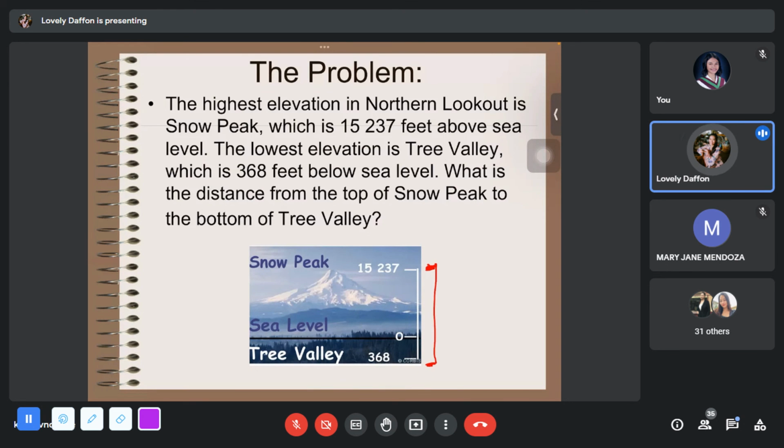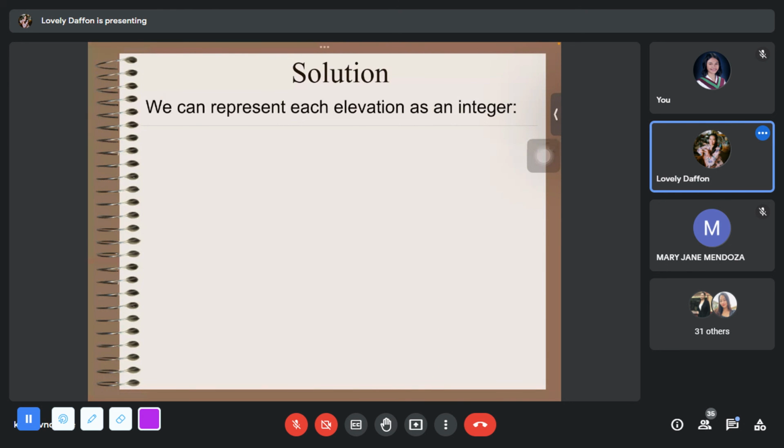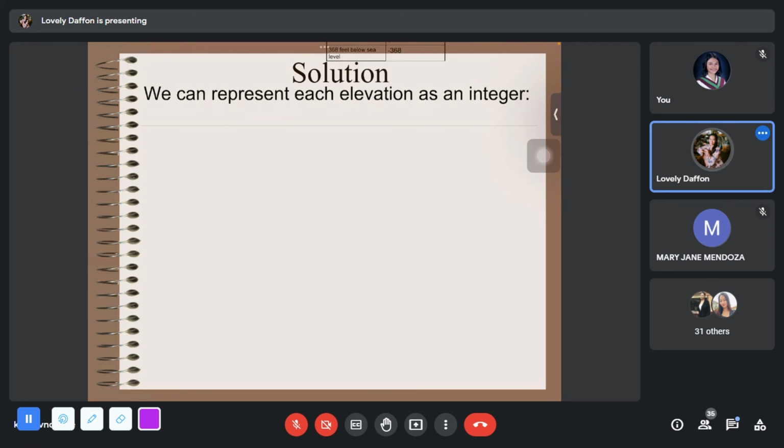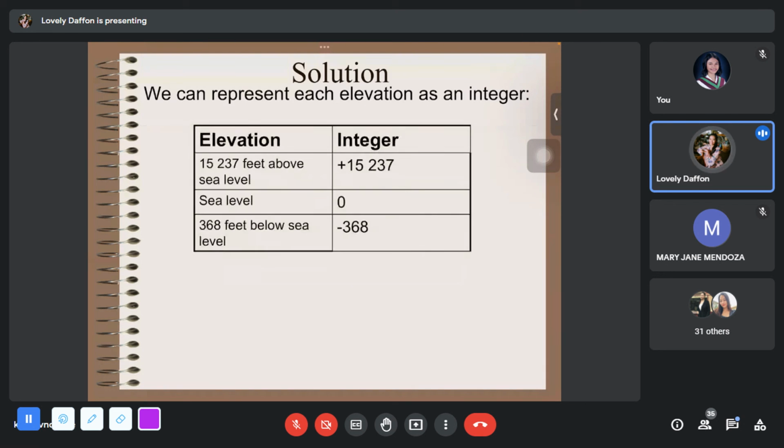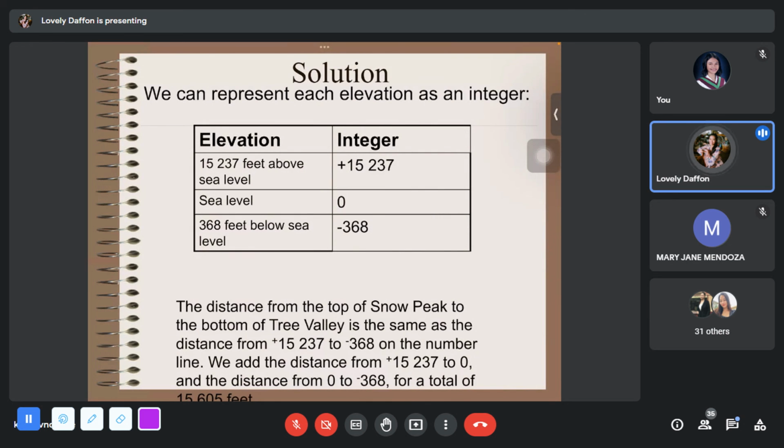So therefore, we have here our solution. We can represent each elevation as an integer. We have first 15,237 feet above sea level, and then we have negative 368. So the distance from the top of Snow Peak to the bottom of Three Valley is the same as the distance from 15,237 to negative 368 on the number line.